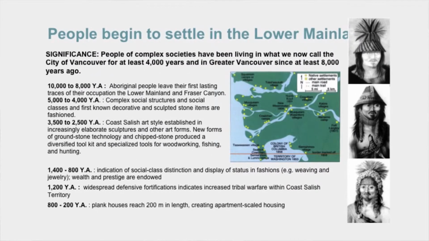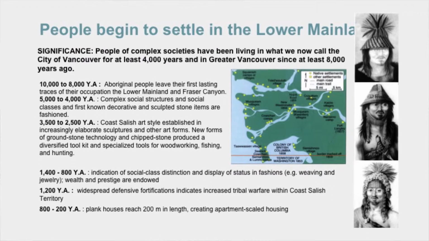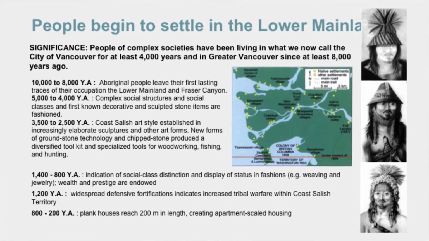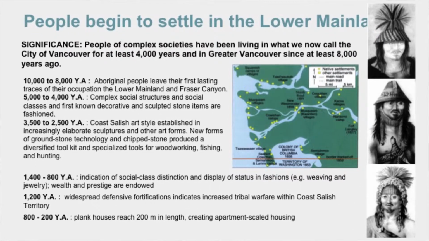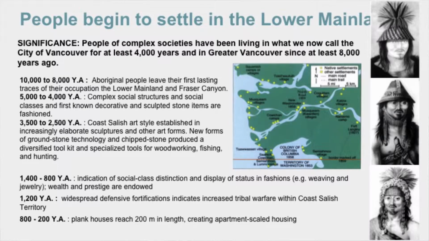People begin to settle in Lower Mainland. So we wanted to address for this milestone that there are people here thousands and thousands of years ago, and we use the word people so that we don't carry on this polarized, distinguished notion of different populations and people that were settling here.